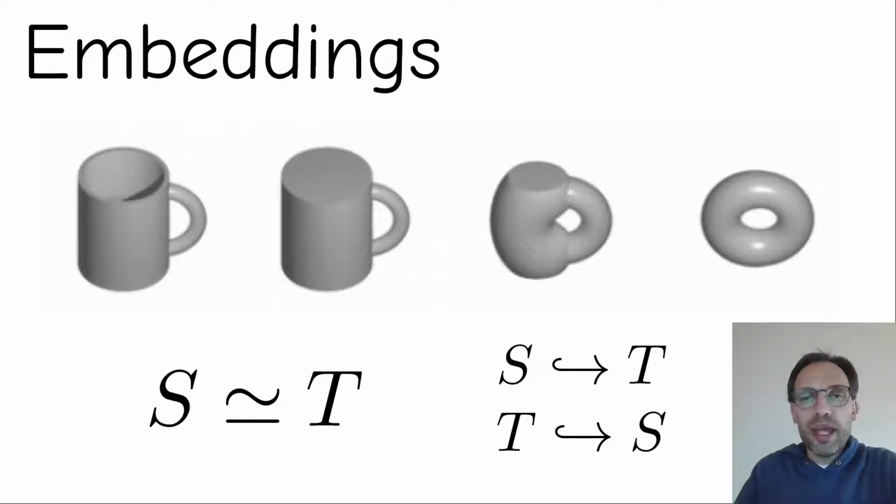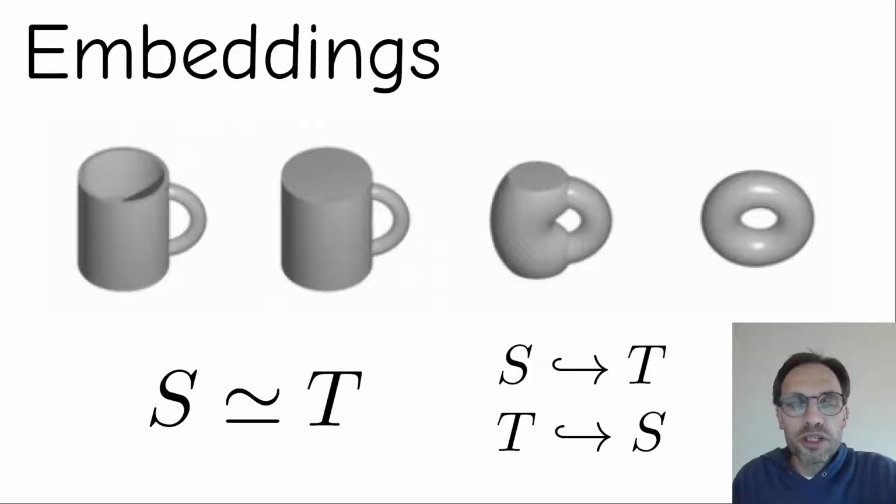So why do we care about embeddings? The fundamental question in topology is, when are two topological spaces equivalent? Everyone knows the example: the cup is topologically equivalent to a donut. What does it mean? It means that there is a homeomorphism from one into the other. But a homeomorphism just means there is an embedding from one into the other and from the other into the one.